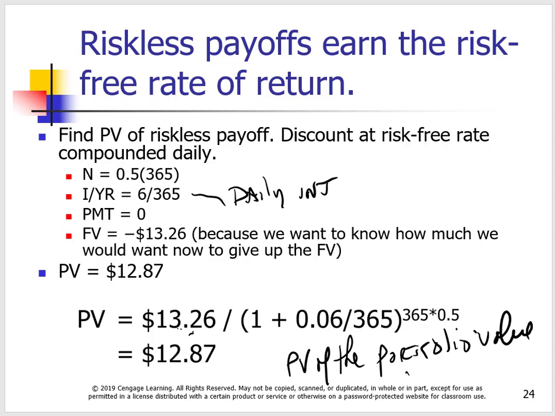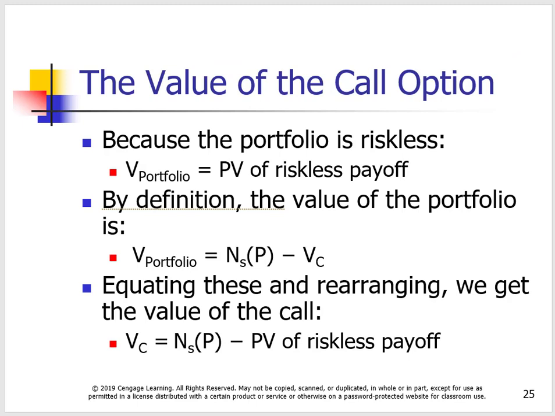The future value here is negative 13.26 because we want to know how much we would want now to give up the future value of that. So the present value of this calculation is $12.87. So what does that tell us so far? This is the present value of that potential future portfolio.